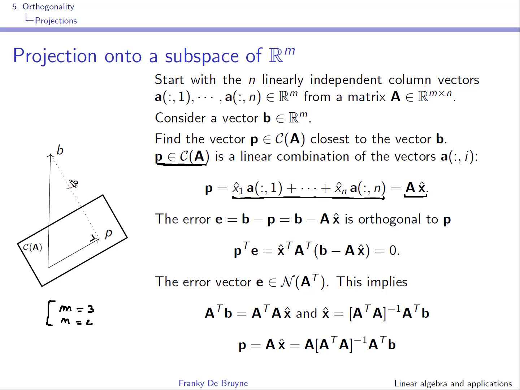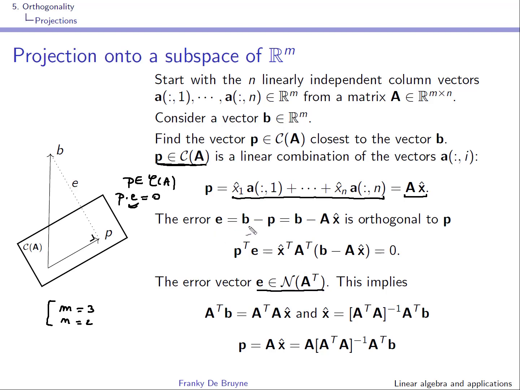We'll say that the error B minus P is orthogonal to the projection P. P is in the column space and P times E is equal to 0. So the error vector must be in the left null space.